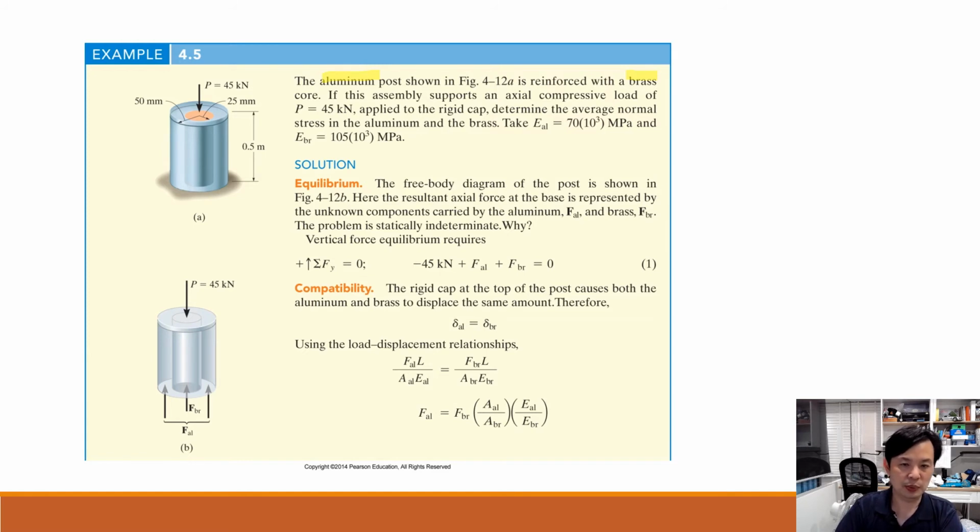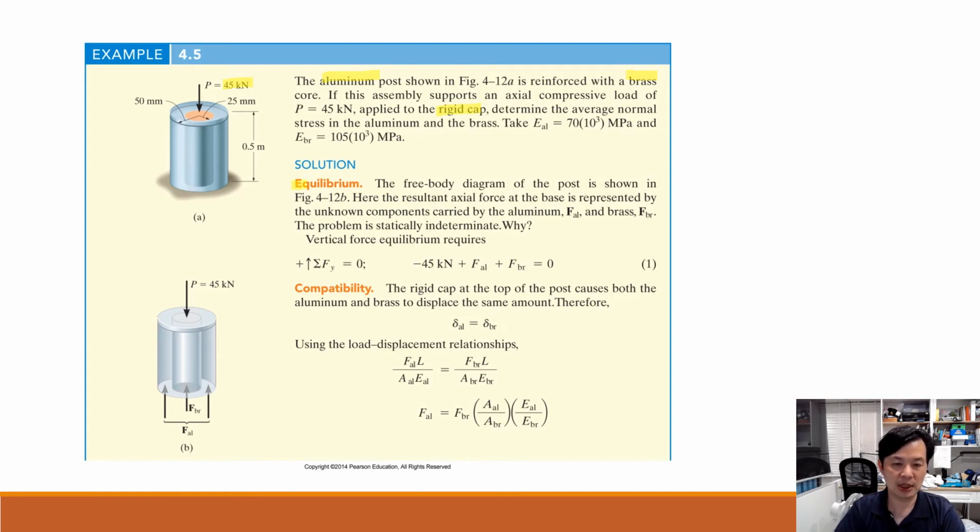And here we put a rigid cap on the top, and apply a force of 45 kilonewton. After you apply force on that, we'd like to know the average normal stress in these two materials, these two parts. The elastic constant would be 70 gigapascal for aluminum and 105 gigapascal for brass.